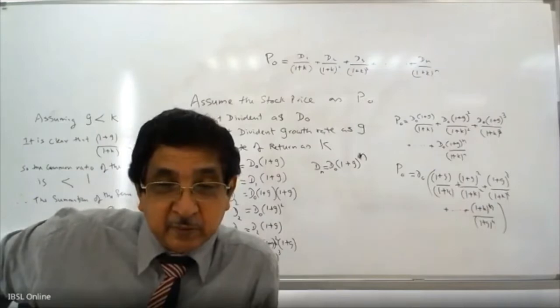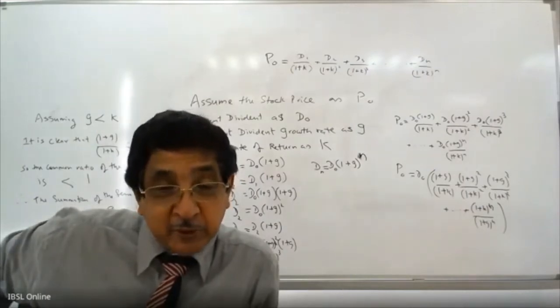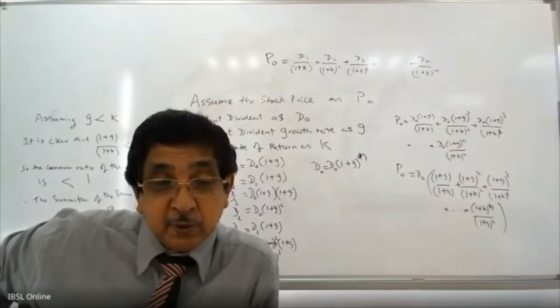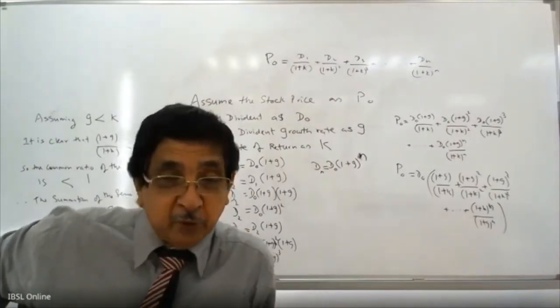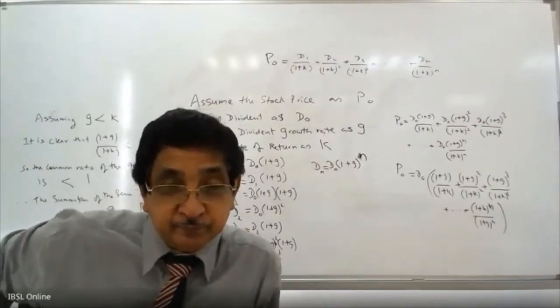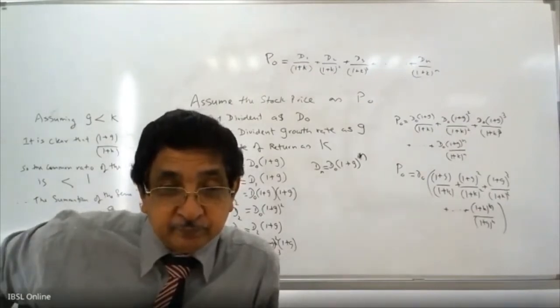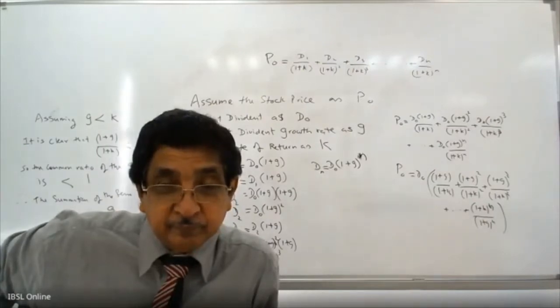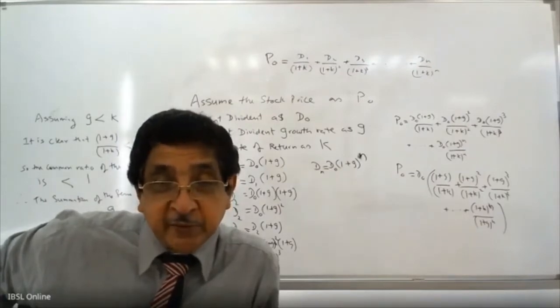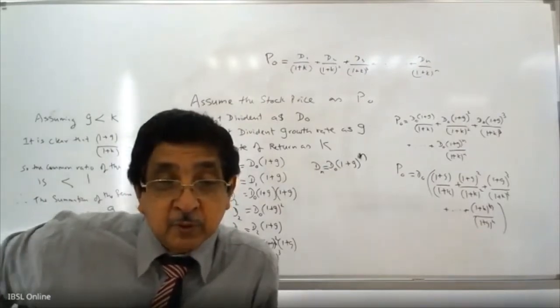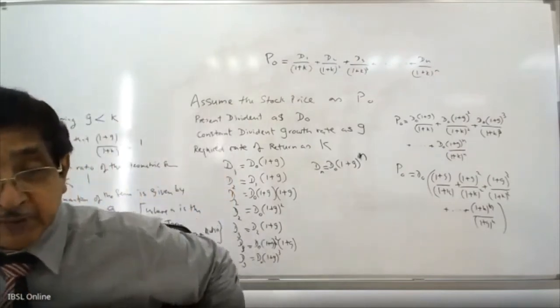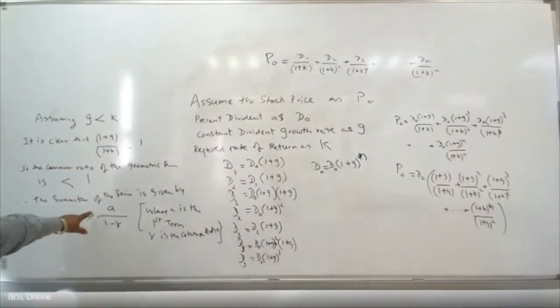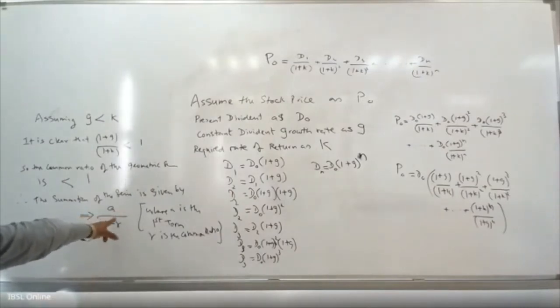Right. Can you do that? Now I have already given you the formula. Ruchira, you can try. Pradipika, you can try. You got the formula, no? This is the formula: A divided by 1 minus R. A is the first term.